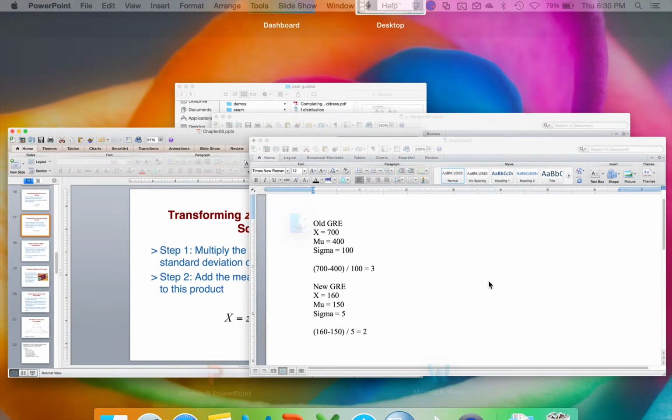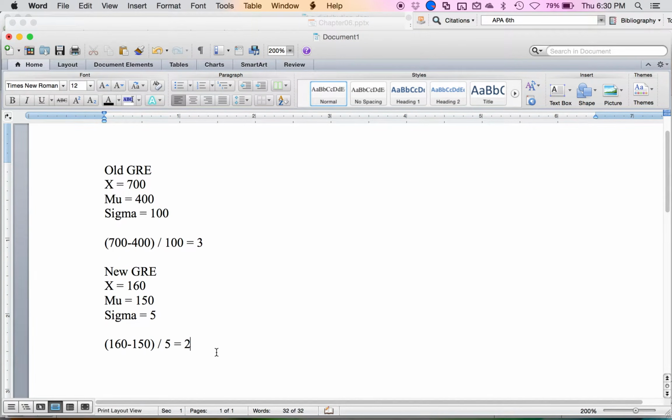So if I am trying to tell somebody, okay, I know on the old GRE, I had to make a 700 to be in the third standard deviation away, or a z-score of 3. But if on the new GRE I want a 3, what do I got to do?